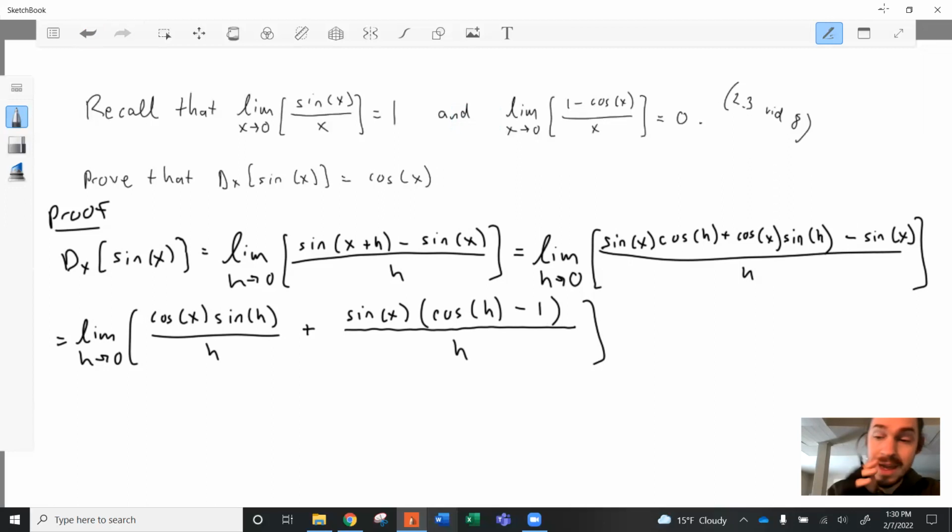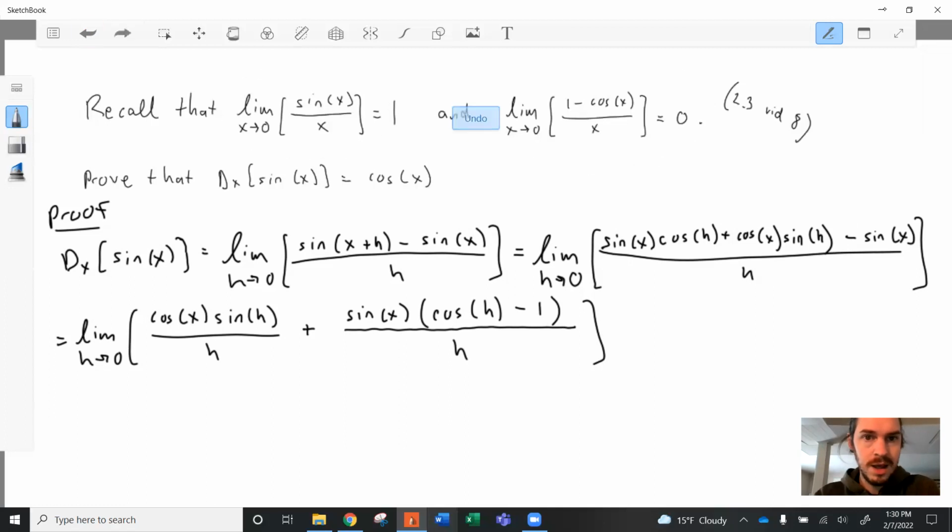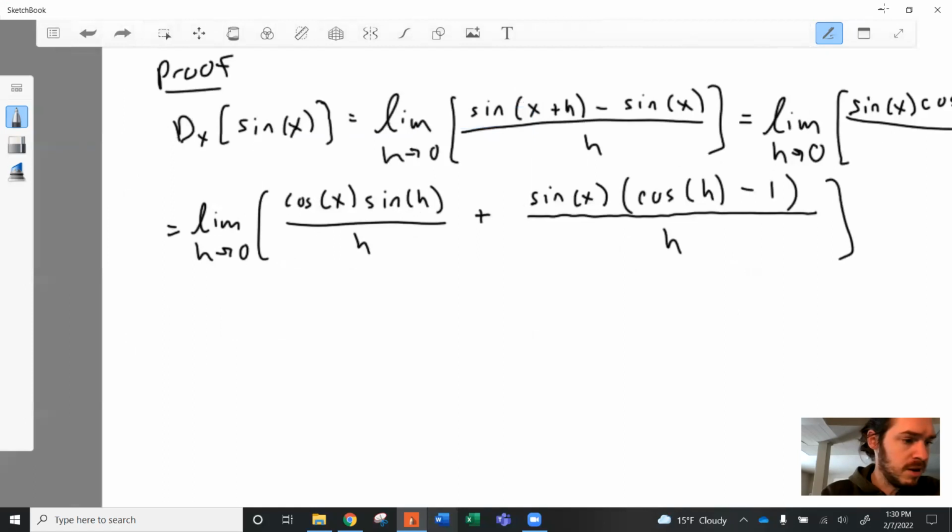You may start to see how this limit and this limit are going to become important to us in a couple of minutes here. So the next thing I'm going to do is split the limit over these two terms. I'm going to rewrite them a little bit.